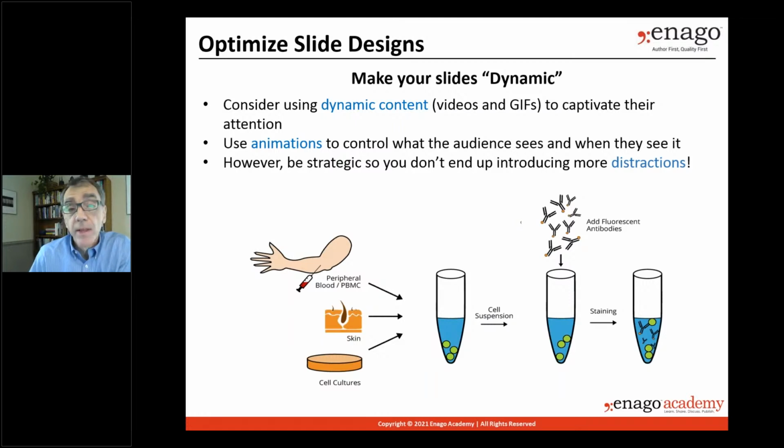And depending on your field or your audience or the customary practices that your audience is used to, it could come off as amateurish or unprofessional at worst. So what you want to do is engage your audience, but not turn them off.